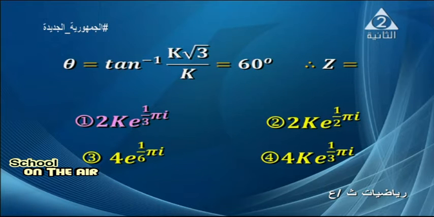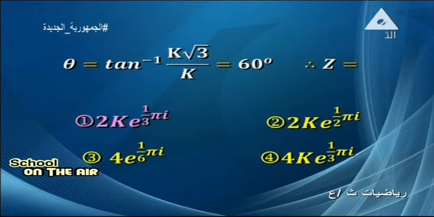Remember, my dear student, the complex number z equals r times (cosine theta plus i sine theta). This is the trigonometric form, but in exponential form, z equals r e to the power theta i. What is theta? 60, which means pi over 3. What is r? 2k. What is the rule of r?